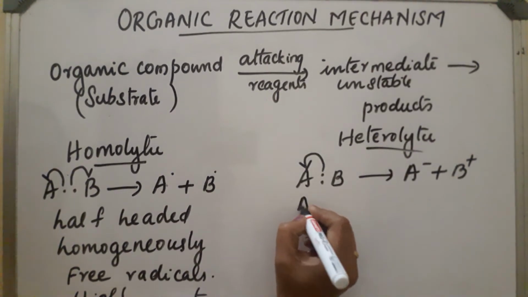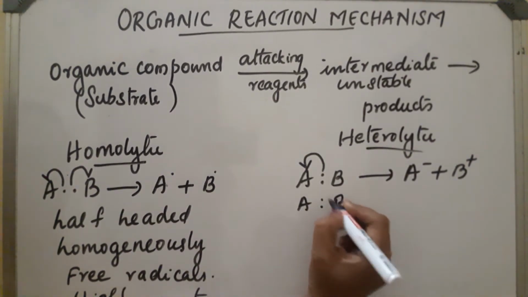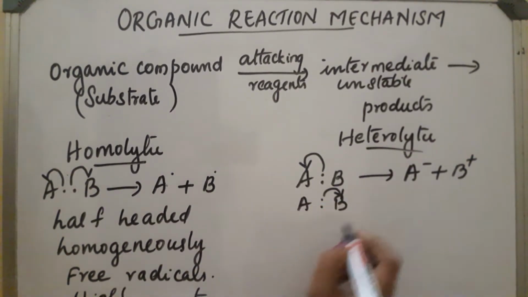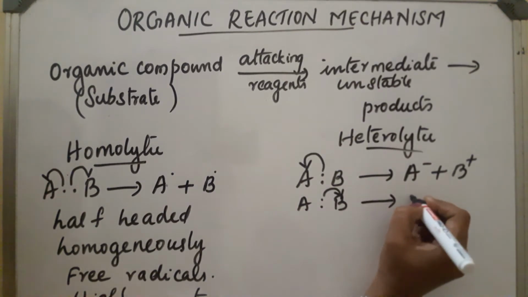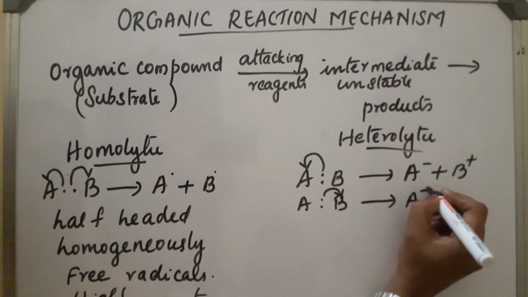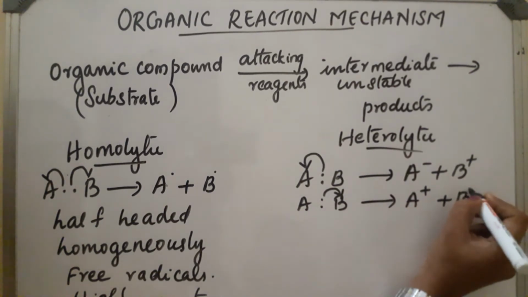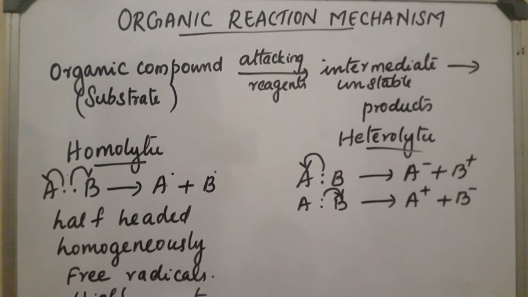Or both electrons can move towards B, so the intermediates obtained will be A plus and B minus. Two ions are formed in the case of heterolytic cleavage, and so it is called heterolytic cleavage.